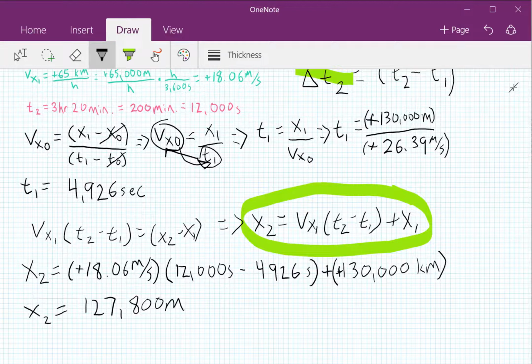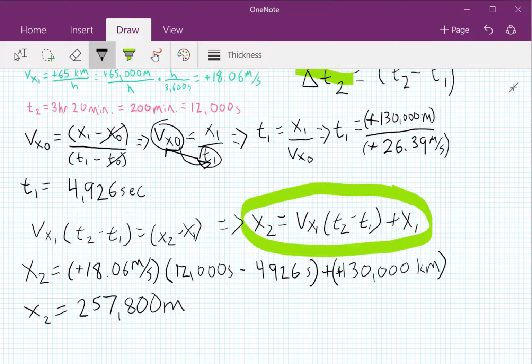No, I was right the first time. I'm sorry. So the left side is that, and then you add the 130. So I was right the first time. So you get 257,800 meters. That's the total distance from the school to the house. Okay, so that's your answer for part A.